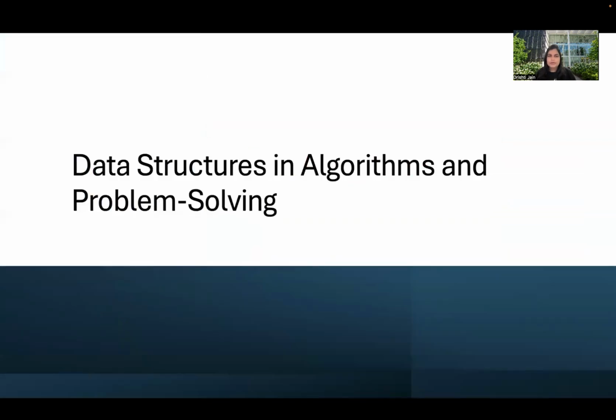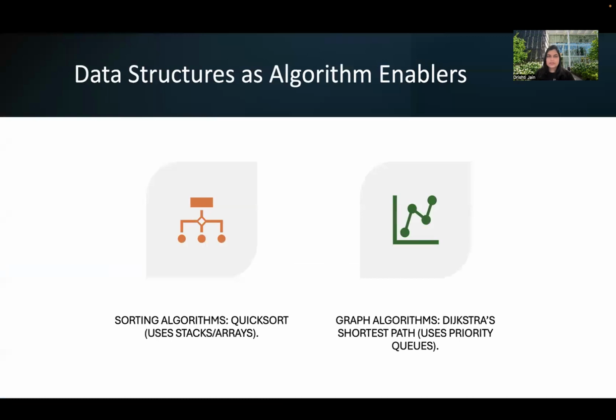Now that we know the basics about what counts as a linear data structure and what is a non-linear data structure, and why advanced data structures are so essential, let's look at how data structures play a key role in algorithms and in problem solving. So data structures are algorithm enablers. For example, think about sorting algorithms like quicksort. It uses stacks or arrays.